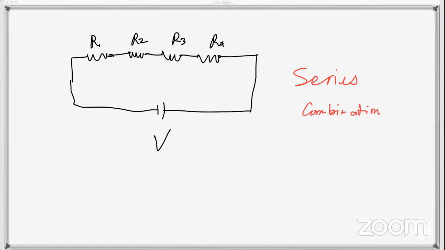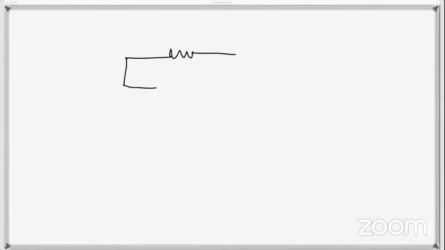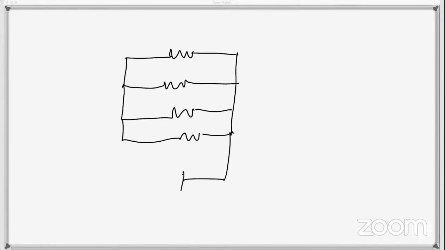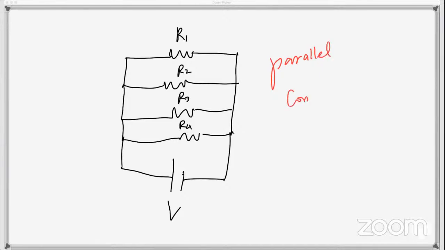And this is how you wire resistors in parallel. The resistors are parallel to each other. All the left terminals of the resistors are connected to the same point, same potential, and the right ends similarly. So these are hints or guides to help you figure out how to combine your resistors.